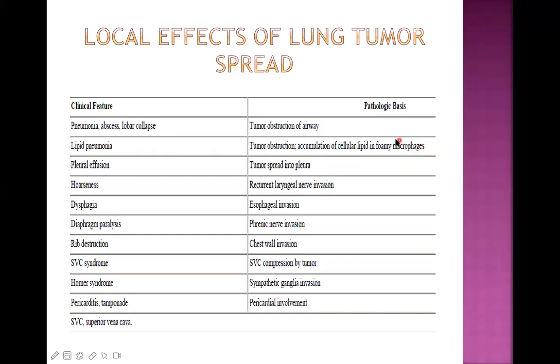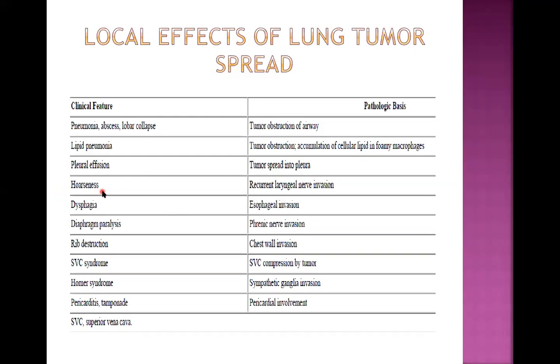So collection of these foamy macrophages leads to lipid pneumonia. Not a very important term. Nobody is going to ask you about this. There are so many other important things to ask about, like pleural effusion, collection of free fluid in the pleural cavity, and this occurs because of tumor spread into the pleura. A very important feature of malignancy of the lung.